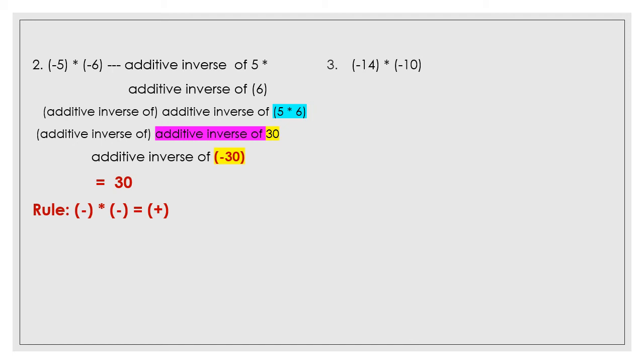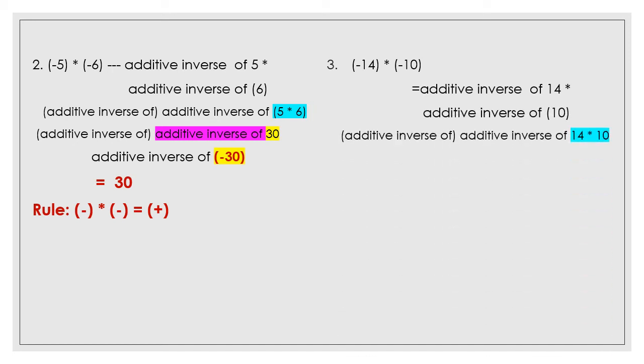Then, we have negative 14 times negative 10. Negative 14 is the additive inverse of 14 times. Ito naman na negative 10 is the additive inverse of 10. We write together this additive inverse and have 14 times 10 at the last so that they are together.